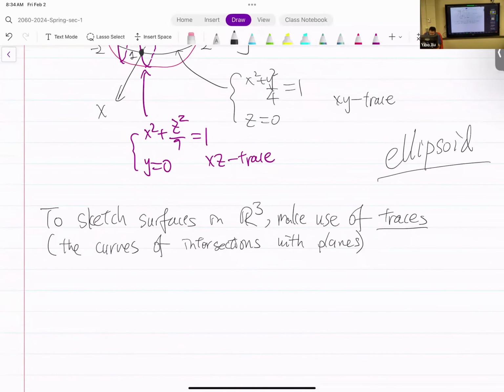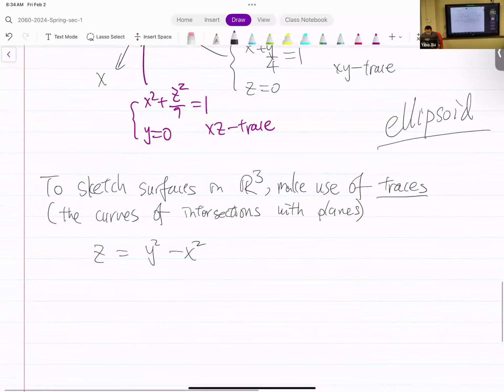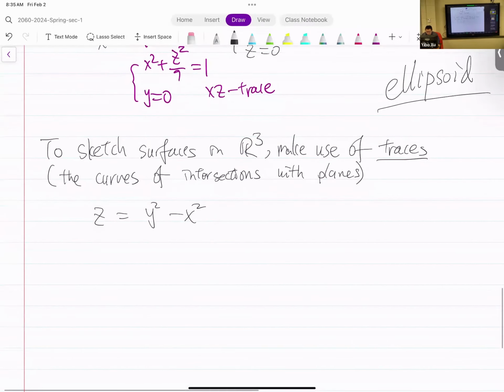So now let's look at another example where we have z equals y squared minus x squared. When we are doing traces, we're just saying we will fix z as a constant, or x as a constant, or y as a constant, right? But here it's really interesting. If you make x equal to a constant, then you just have a parabola in terms of y and z, opening upwards.